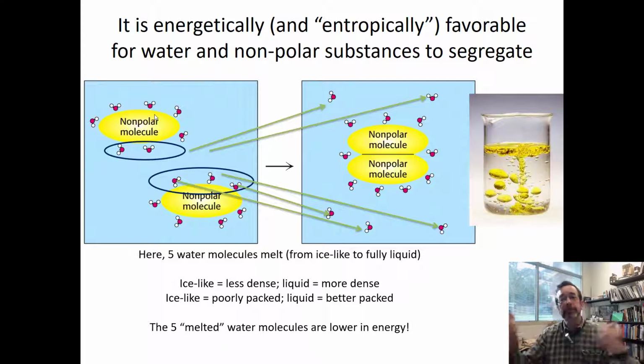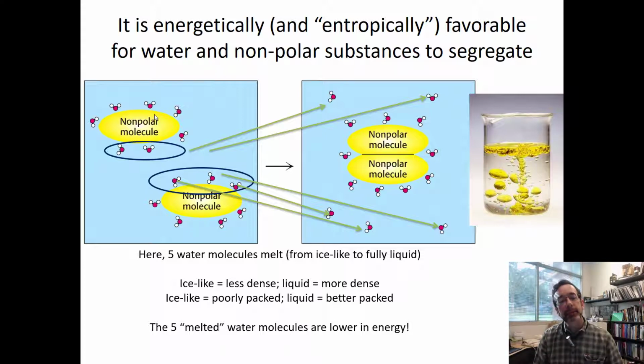So there's hydrogen bonds all over the place for these 5 waters. The important way to understand why oil groups together in water is not to look at the oil, but to look at the water. The water is moving out of the way and into solution, forming more hydrogen bonds, not even better hydrogen bonds, just more of them in more directions.